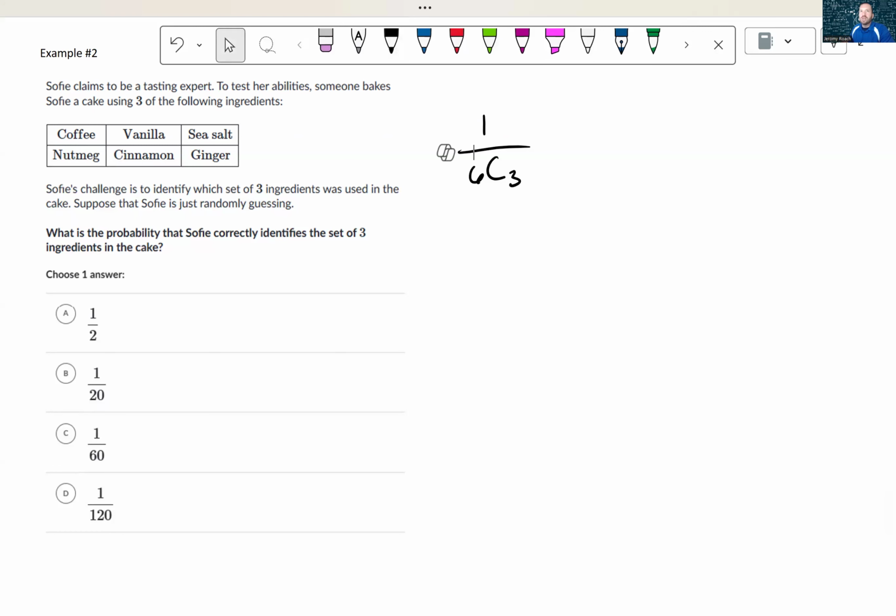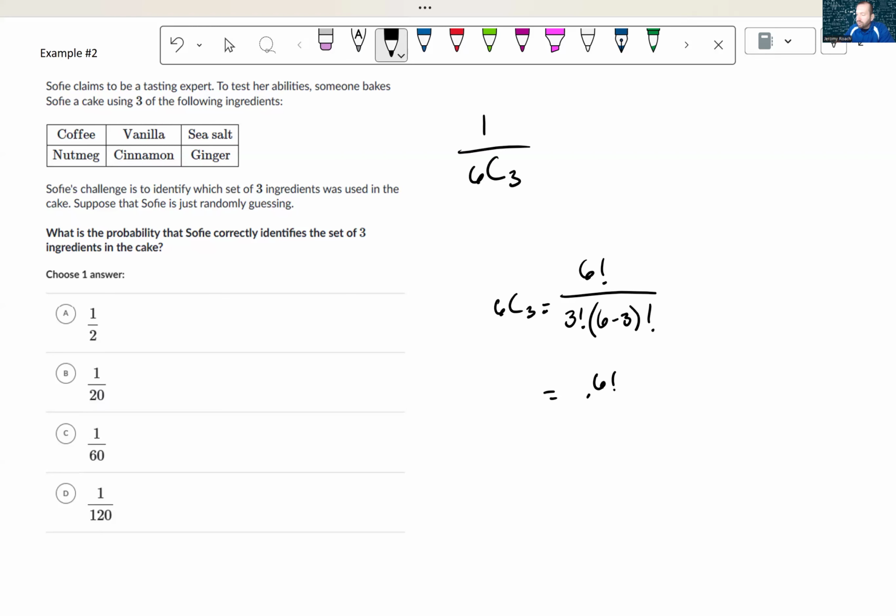So for our combinations formula, this is going to be 6 choose 3. That's going to be 6 factorial over 3 factorial times 6 minus 3 quantity factorial.